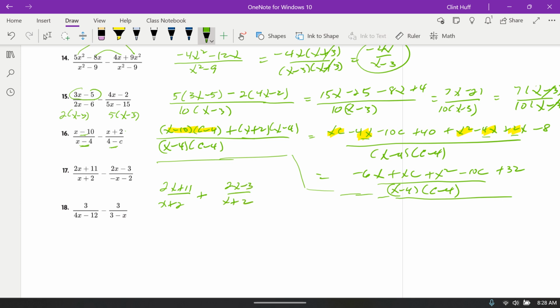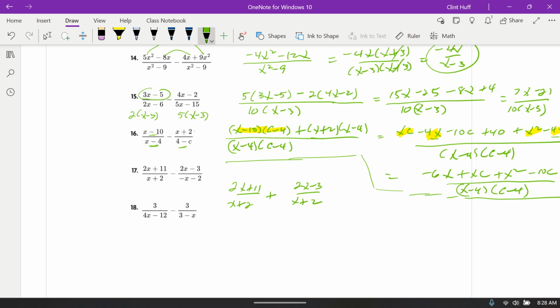My idea here is that a take away b is the same as a plus the opposite of b. So I'm making this a plus sign, and I'm taking the opposite of this fraction by negating just the denominator, which gives me a common denominator, which means I just have 2x plus 2x, which is 4x, 11 plus negative 3, which is 8, over x plus 2. And if I factor my numerator, it's 4 times (x plus 2) over x plus 2.